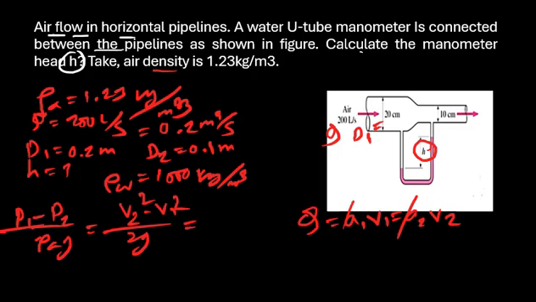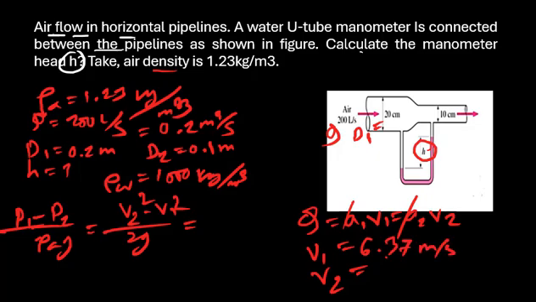Also we know the Q, where the diameter is known, so the area is also known, and the second diameter and area A2 are known too. In this way we can get V1 and V2 easily.